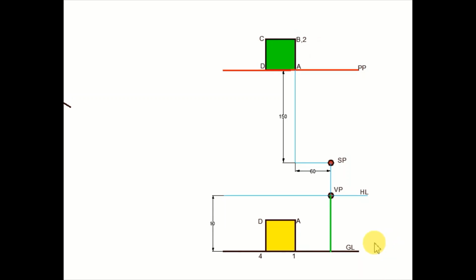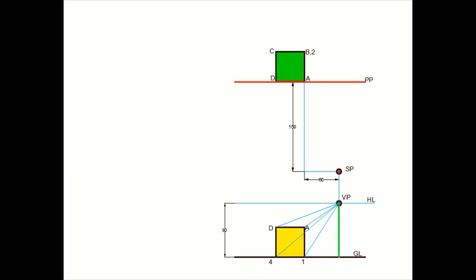After identification of the vanishing point, the next step is to connect all the vertices of this face in the front view, that is vertex A, D, 4 and 1. All these vertices need to be connected to the vanishing point, like this. So we connect A, D, 4, 1 with the vanishing point. Now keep this concept in mind.